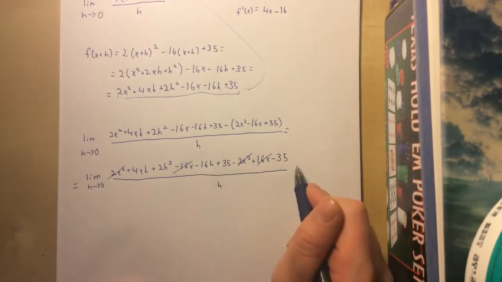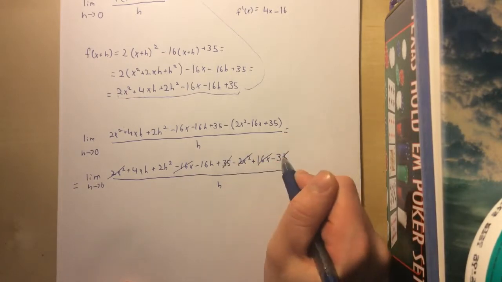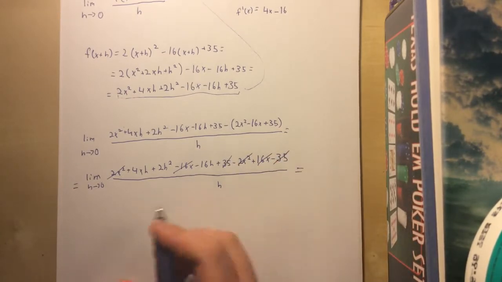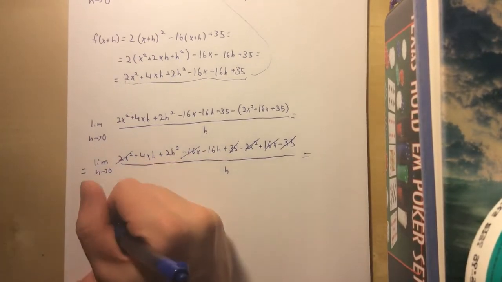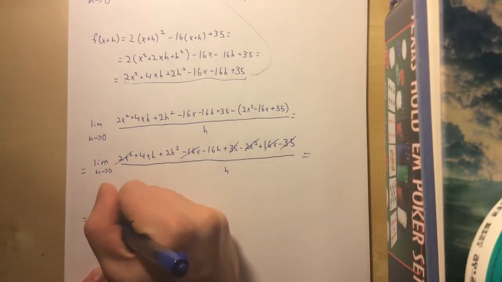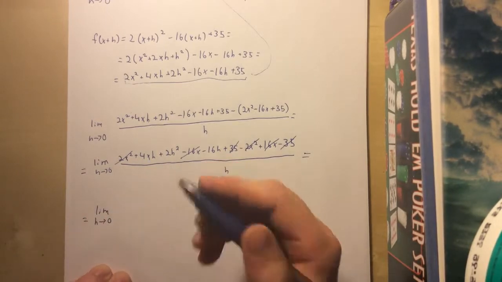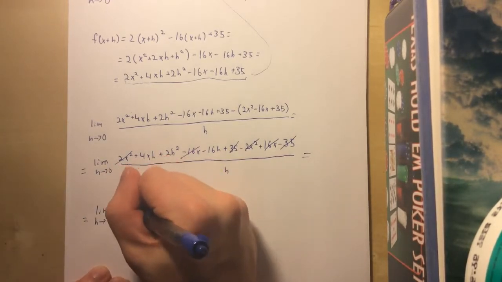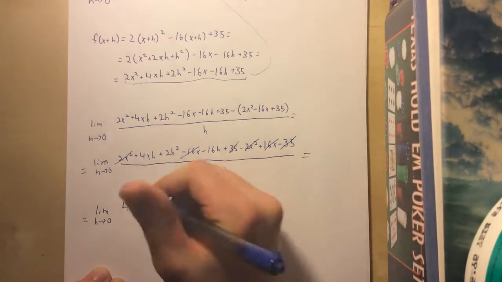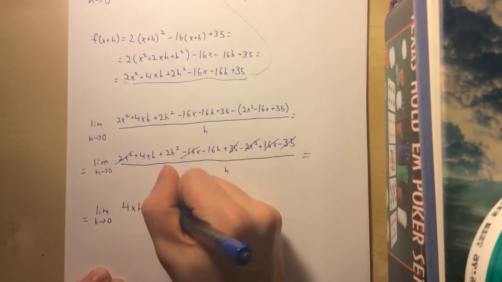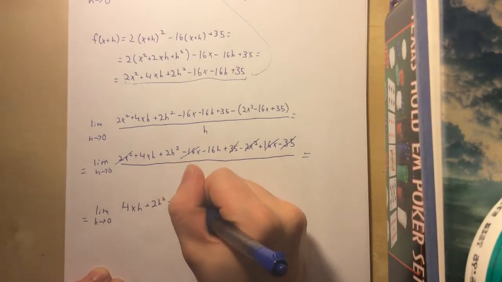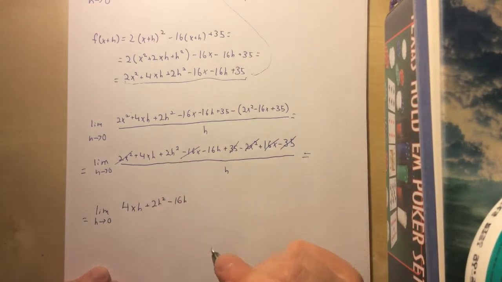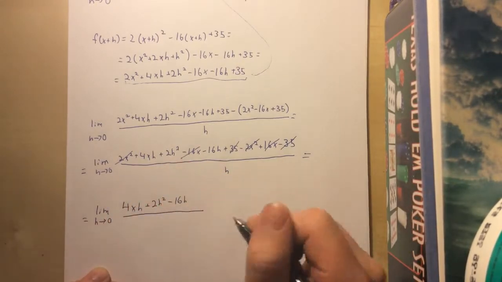Then we have a positive 35 and a negative 35. Those cancel out again. And that's simply what's going to happen every time. The non-h terms are just going to cancel out. And if they don't, then you're not looking too good. You probably made a mistake along the way.